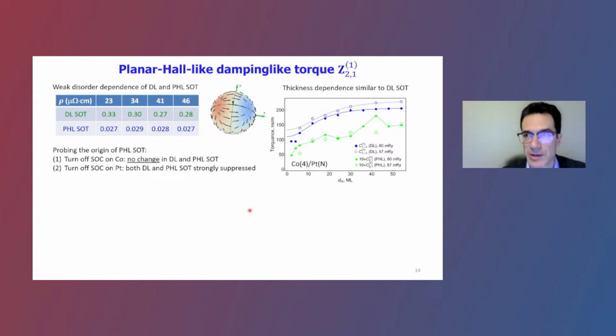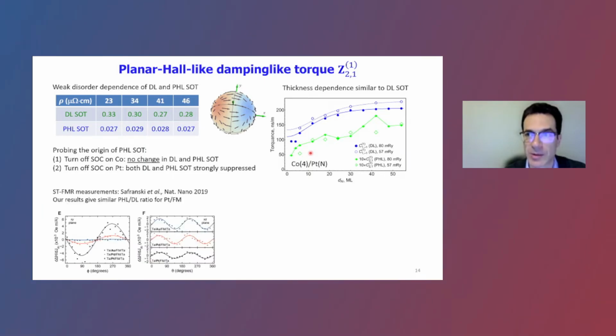So this tells us that the source of both of these is in platinum. We know this for the damping-like torque, but for the planar-Hall-like torque, it tells us that this effect in our calculations actually doesn't come from the planar Hall effect in cobalt, which requires spin-orbit coupling in cobalt.